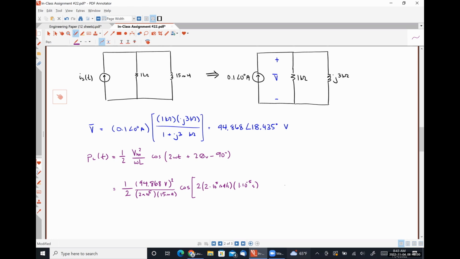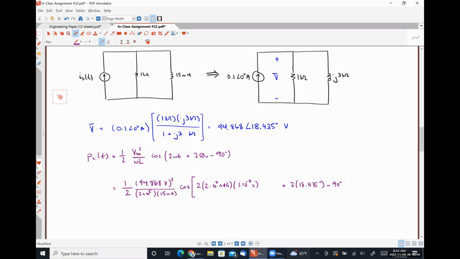I'm going to leave us some room here to explain. I'll explain why in just a moment. Then I have twice theta v, so that's twice 18.435 degrees minus 90 degrees, and I'm going to close this thing off.